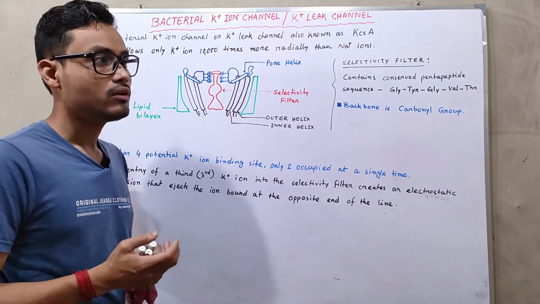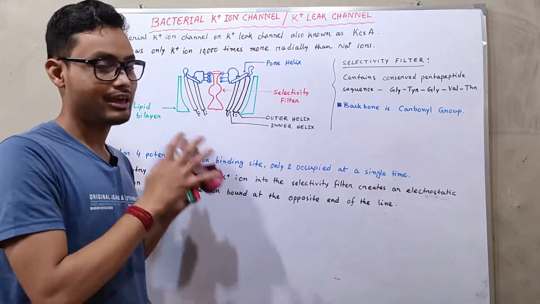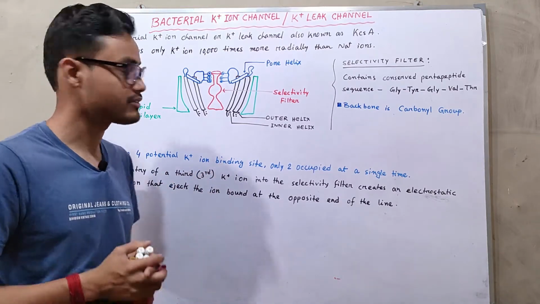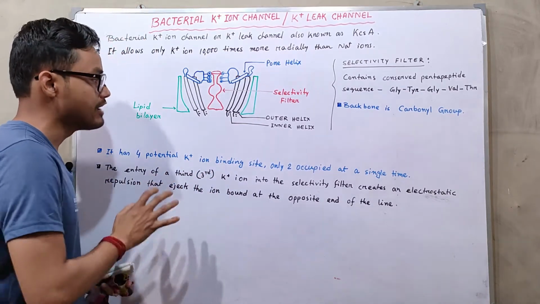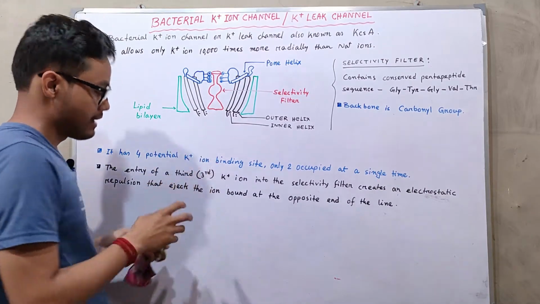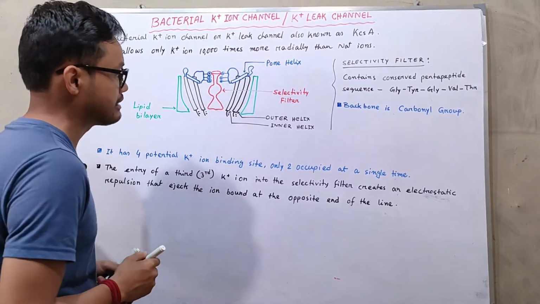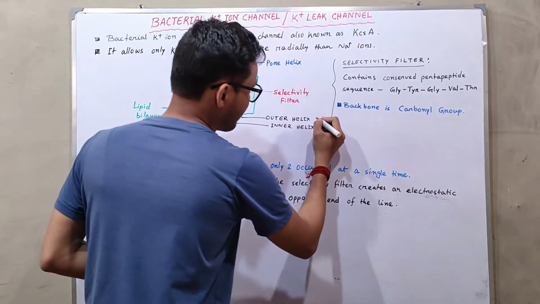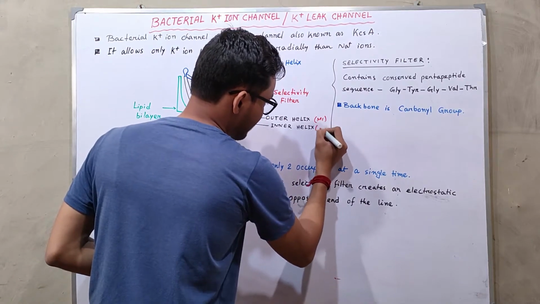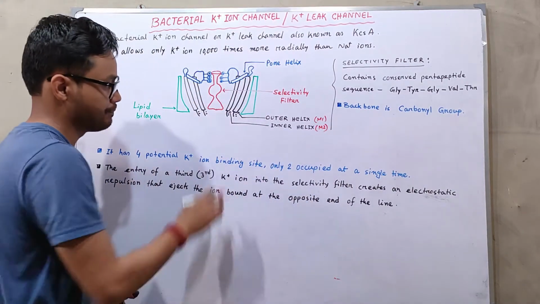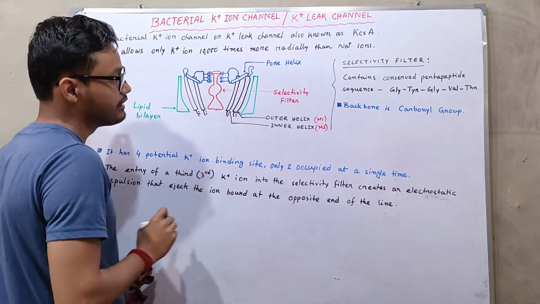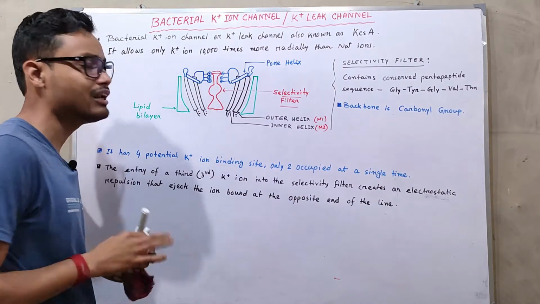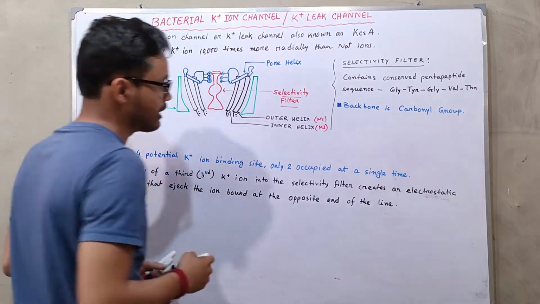So in this video I am going to discuss the mechanism of K plus ion channels, that is, how K plus leak channels actually work. These channels are composed of several structures. They have two peptides, M1 and M2, and there is a selectivity filter which selects only potassium ions, not sodium ions.